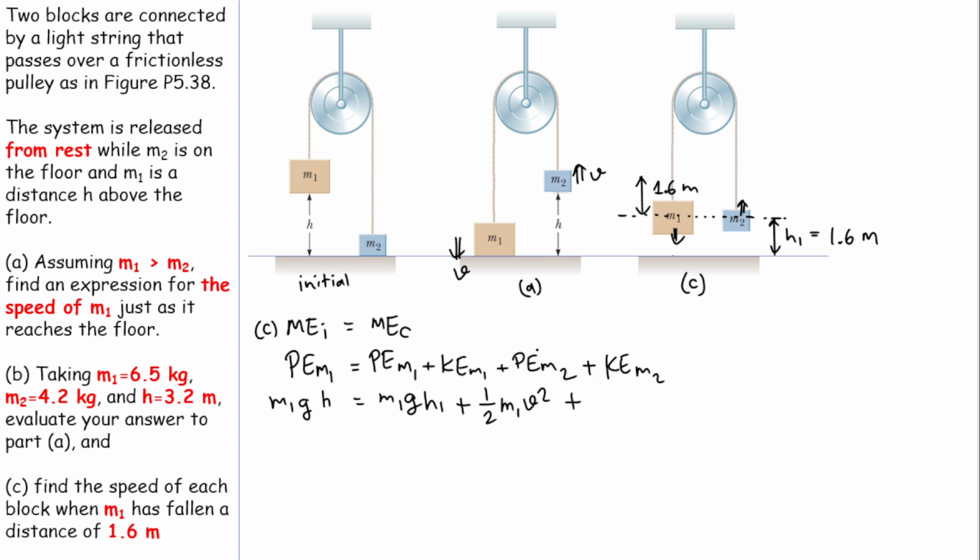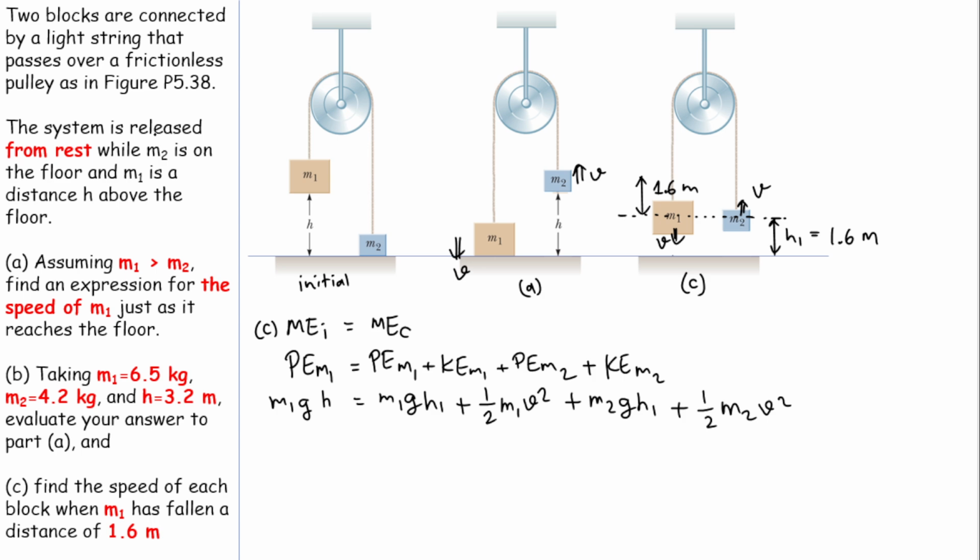And then plus potential energy of M2, so I will have mass number 2 multiplied by G multiplied by H1. And then the kinetic energy is 1/2 M2 multiplied by V squared, right? The speed is the same here, V and V, because they are moving as one system.